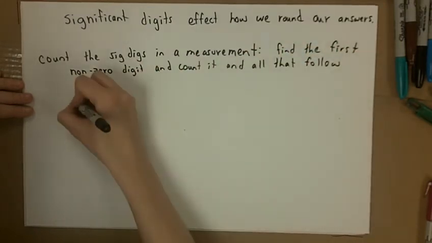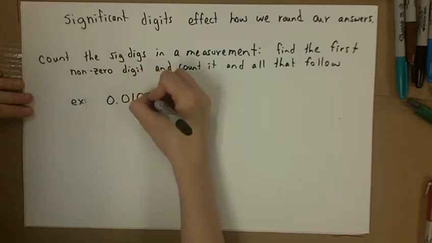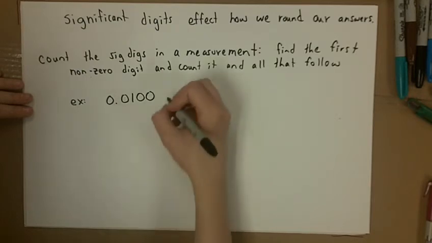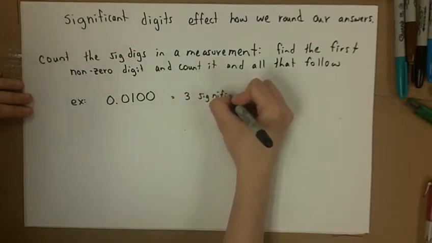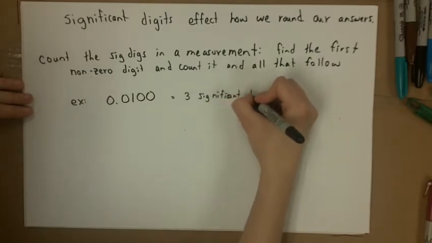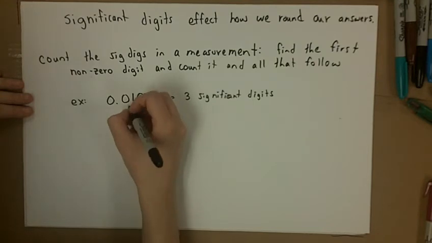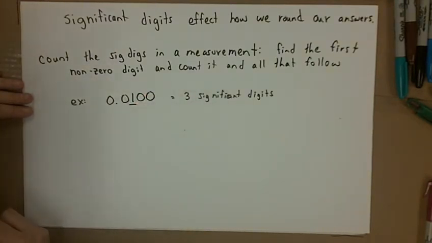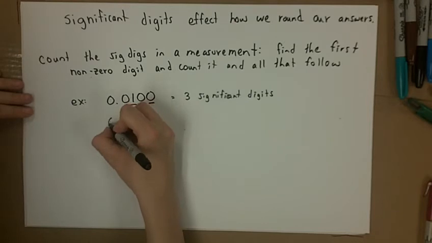For example, the number 0.0100 has 3 significant digits. You find the first digit in the number that's not a 0 and count it and all the ones that follow, which is 3 significant digits.